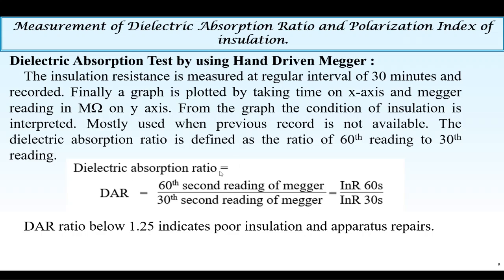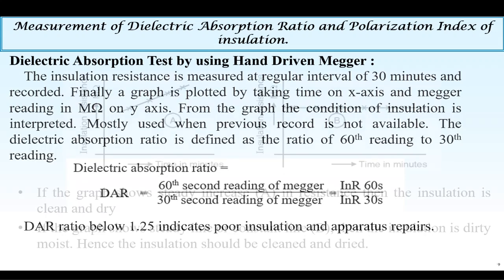The dielectric absorption ratio is nothing but the 60th second reading of the Megger to the 30th second reading of the Megger. If this ratio is below 1.25, it indicates poor insulation and the apparatus needs to be repaired. From this you have to plot the graph: on the x-axis take the time, whereas on the y-axis take the Megger reading, that is the insulation resistance in mega ohm.